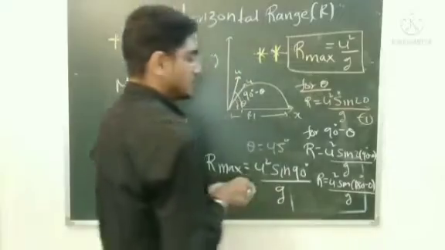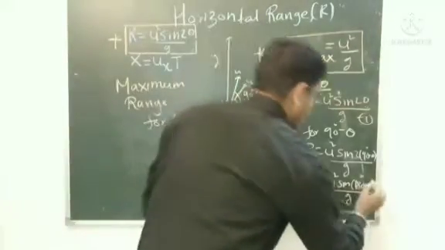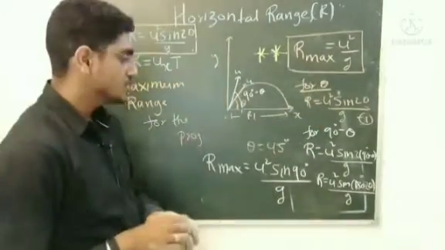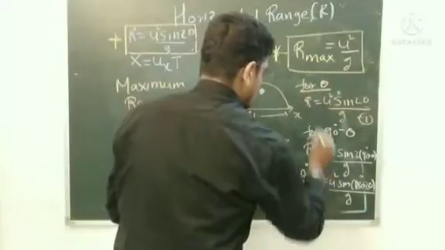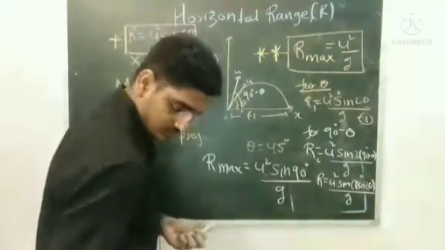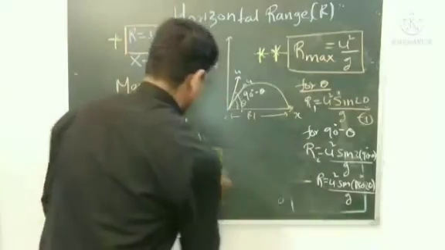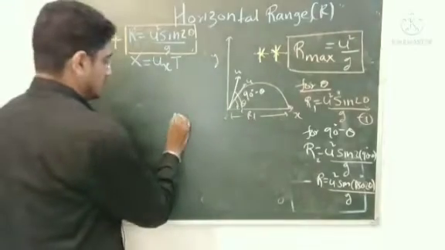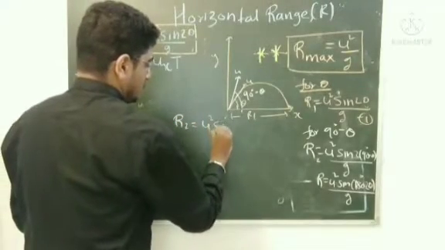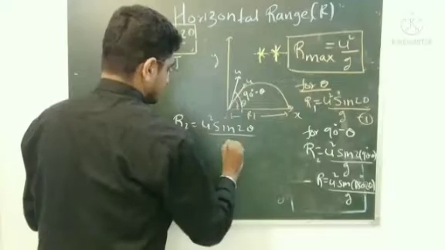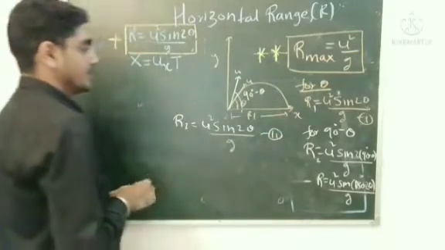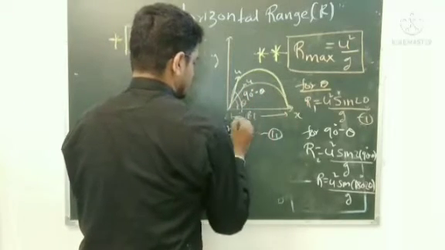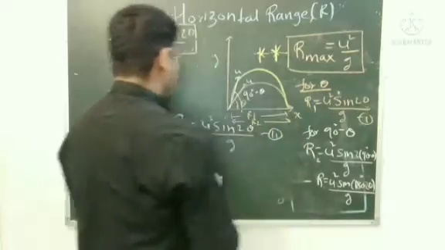And sin (180 minus 2 theta) is also sin 2 theta. So this range R2 is also u square sin 2 theta by g. So this range is also the same. This is R2, so here R1 equals R2.